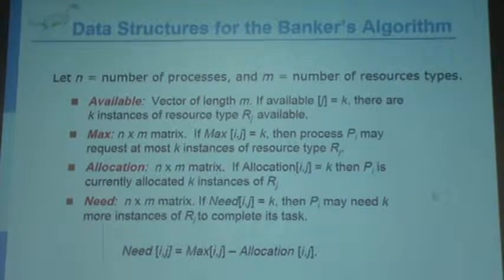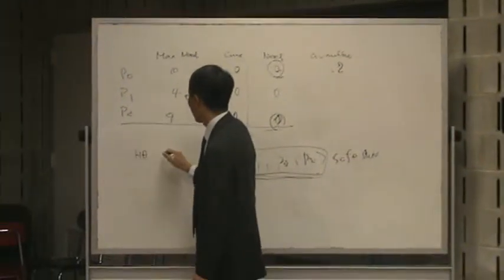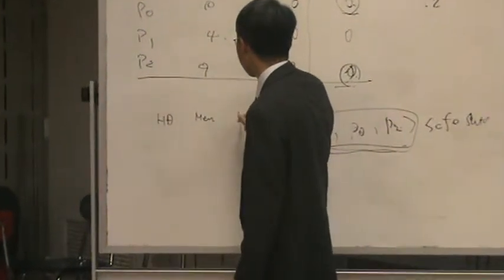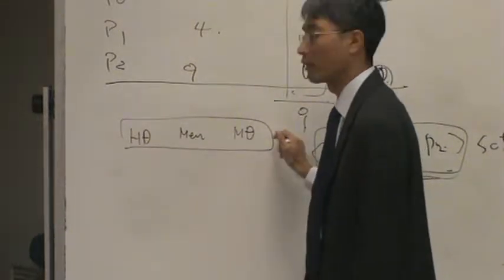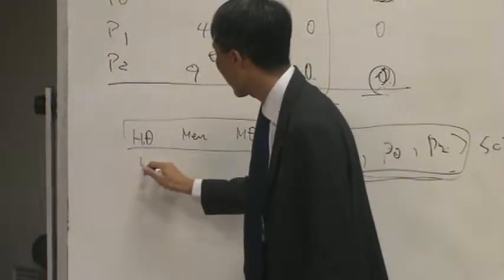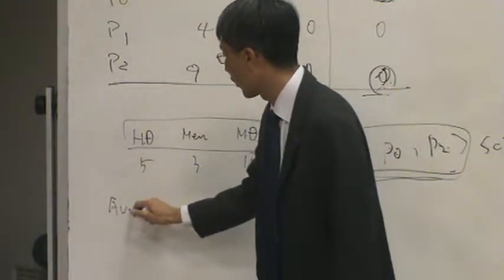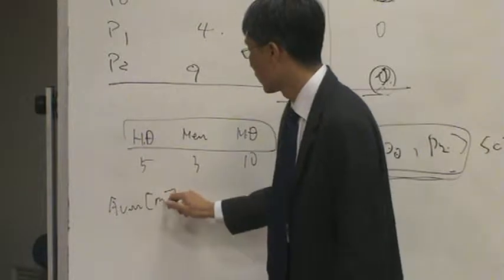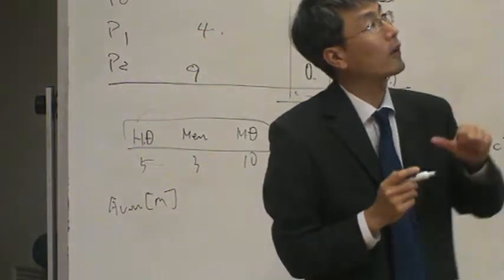For example, if we have n number of resources, say we have the hard disk drive, the memory, and the magnetic drive, so n is equal to 3. Then how many of them? Hard disk drive 5, memory 3, the magnetic 10. At that time we can manage available as a one-dimensional array to manage this information.